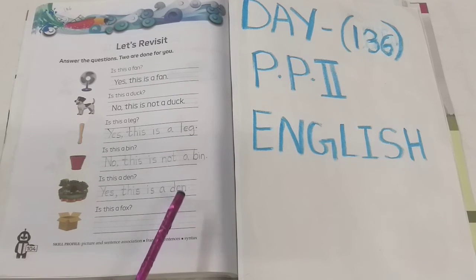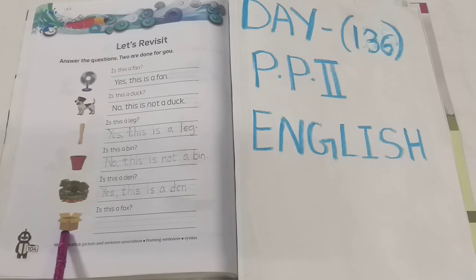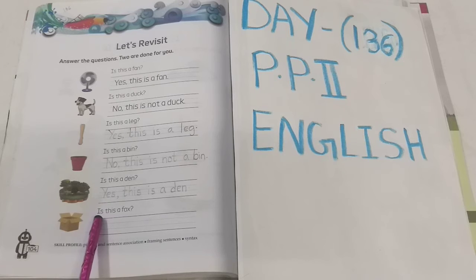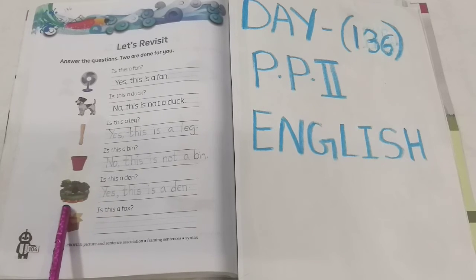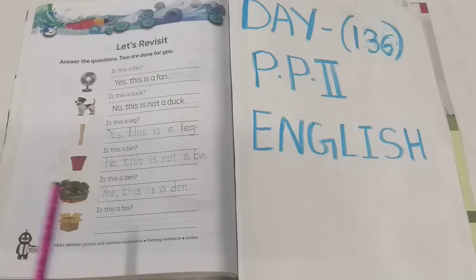Okay, children, see the next question. What is this? This is a box. Let's see the question. Is this a fox? Can you see the animal fox here? No, this is a box. So what do we have to write in this sentence?